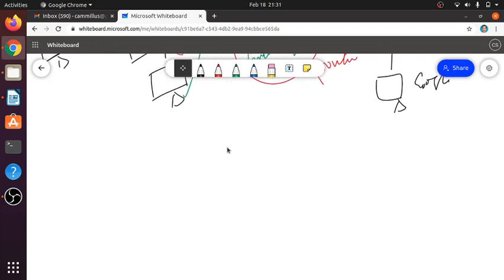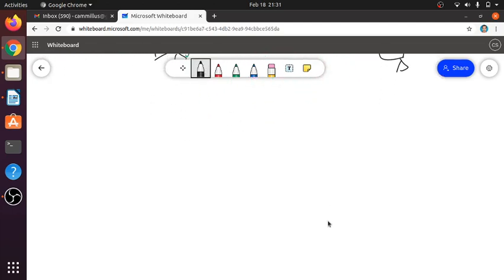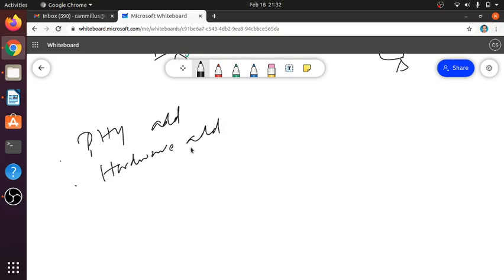Based on this, we have two different types of addresses. One we call the physical address, or it is called the hardware address, or it is called the MAC address.